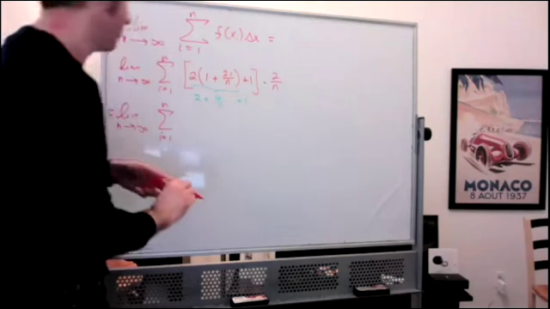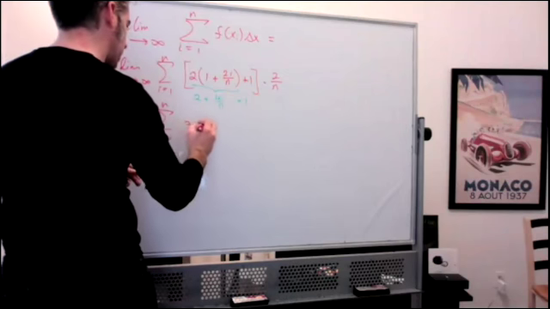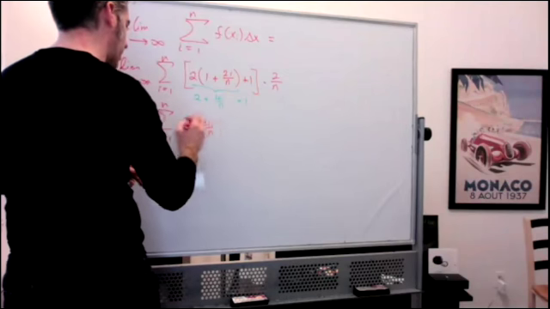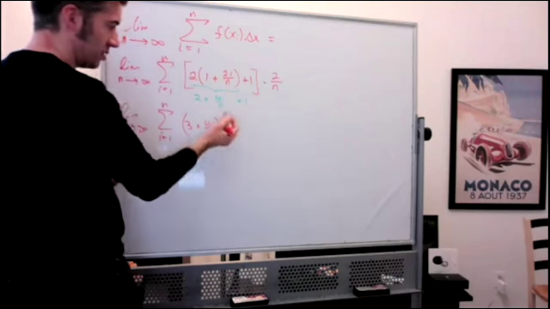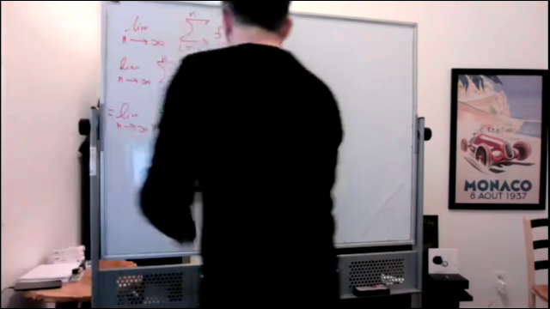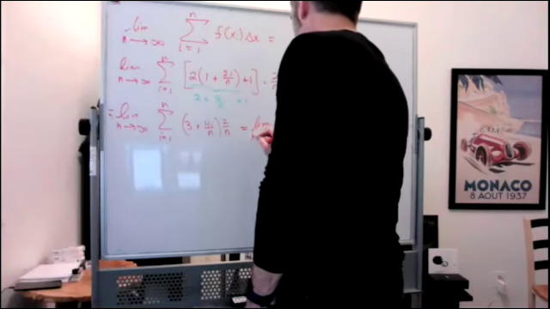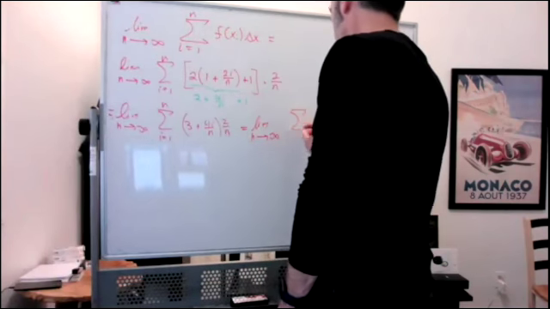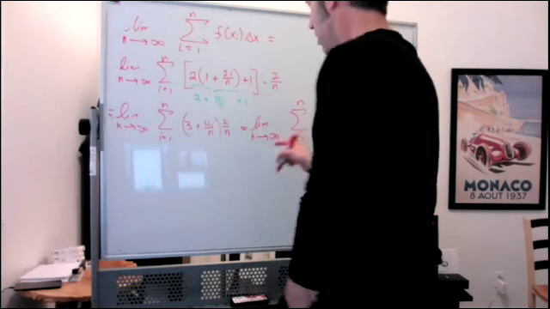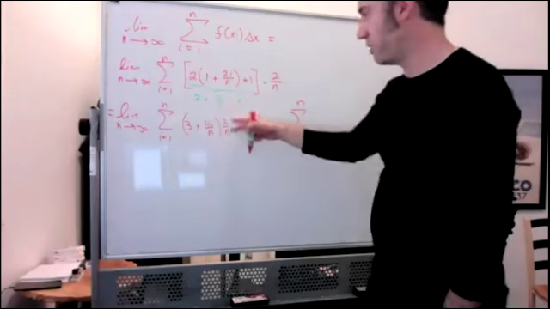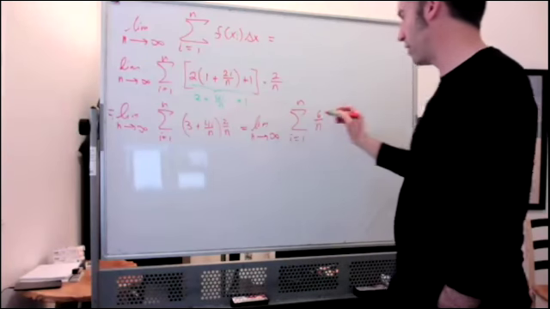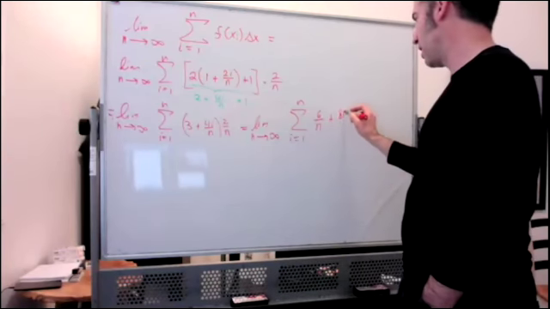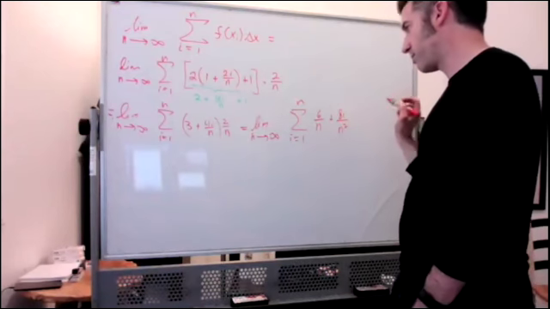So I've got 3 plus 4i over n times 2 over n. And then I can distribute the 2 over n. So you get the limit as n goes to infinity of the sum from I equals 1 to n. If I distribute the 2 over n, I get 2 over n times 3 is 6 over n, and 2 over n times 4i over n is 8i over n squared.